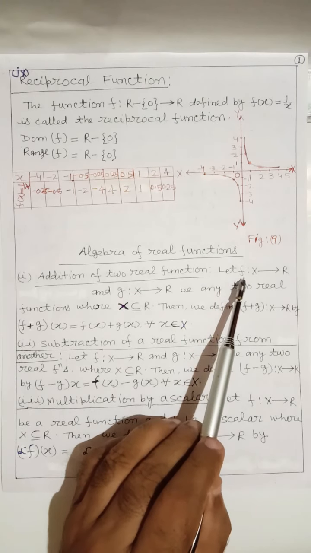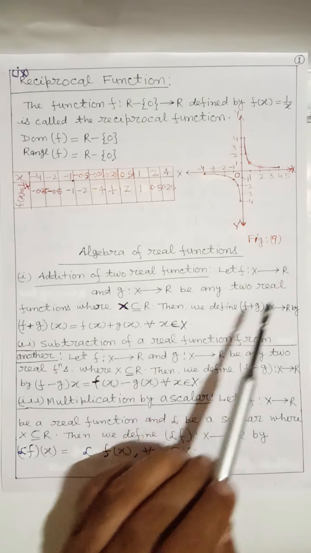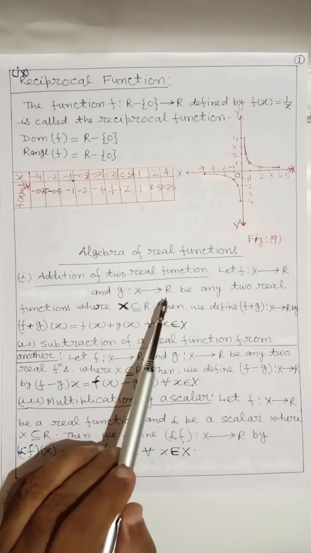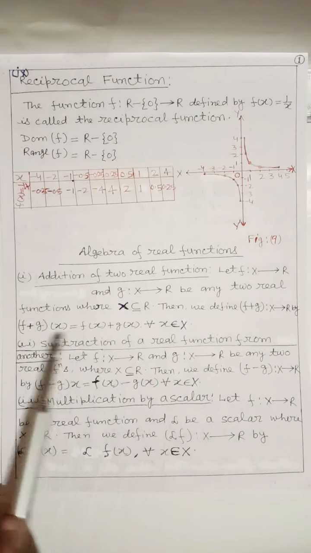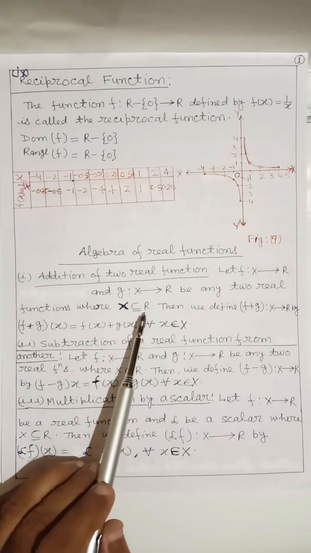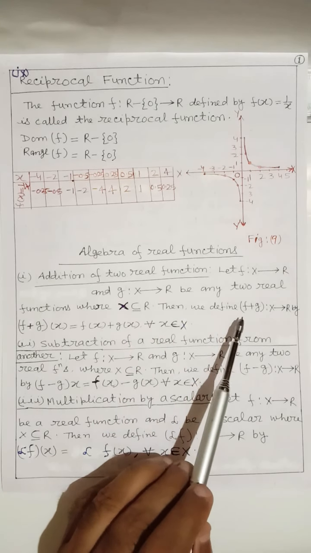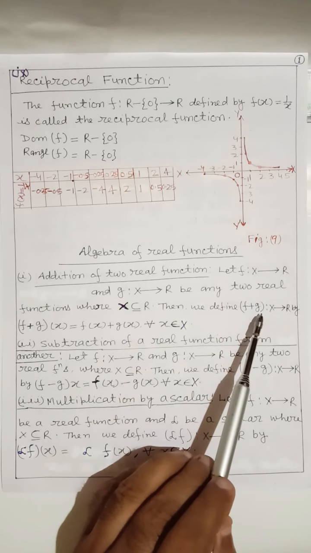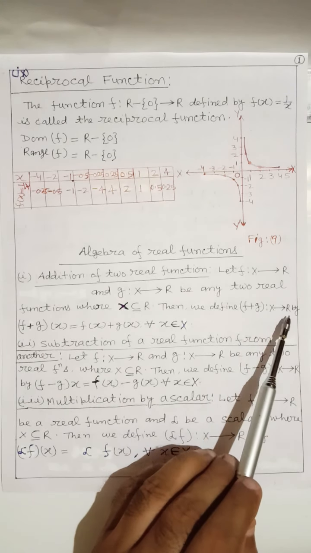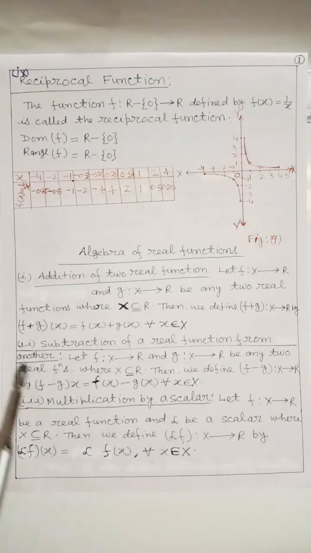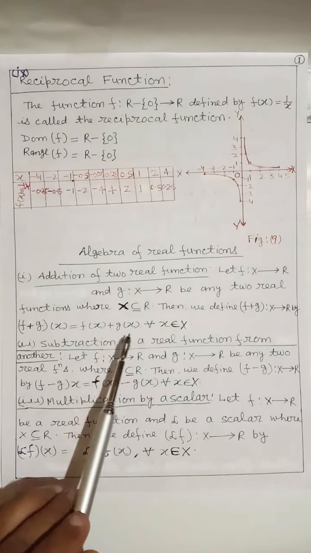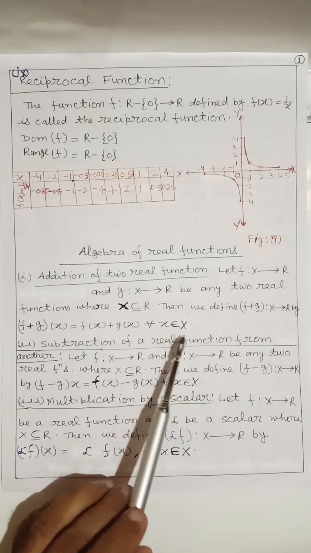Let function f defined from X to R and another function g also defined from X to R be any two real functions where X is a subset of R. Then we define the function f plus g from X to R such that (f plus g)(x) equal to f(x) plus g(x) for all x belongs to X.